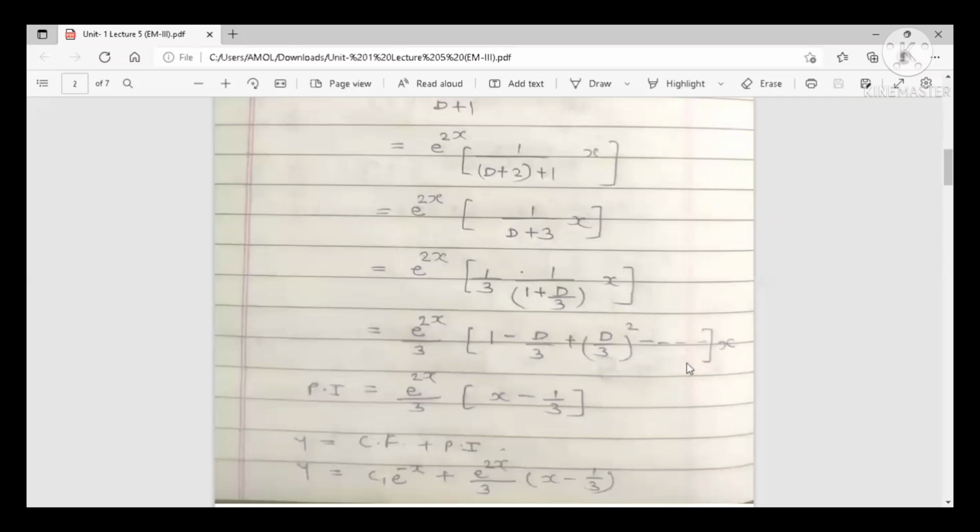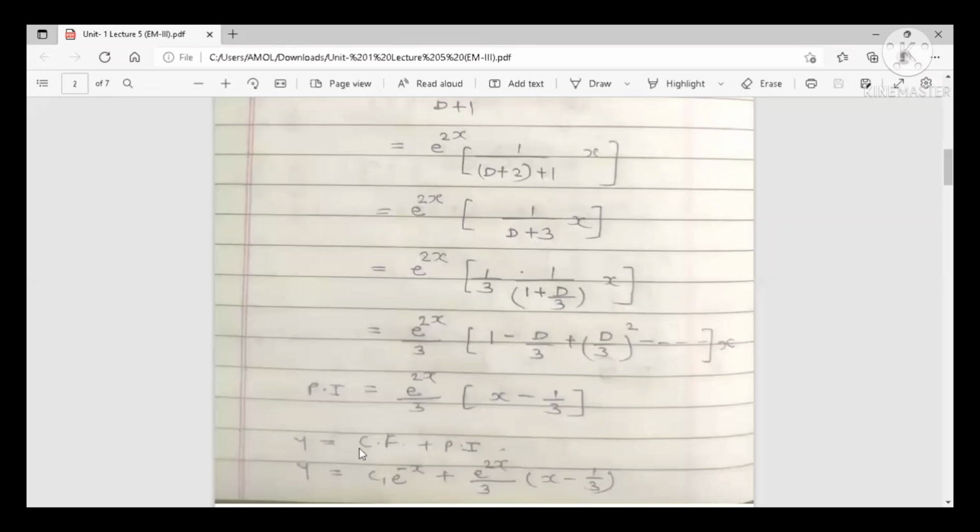Now multiply the bracket term by x. So 1 into x is x minus D of x, the derivative of x is 1, with the 1 upon 3 as it is. So it is x minus 1 by 3. The remaining terms are zeros, so there are only two non-zero terms. So x minus 1 by 3, and this is your yp.